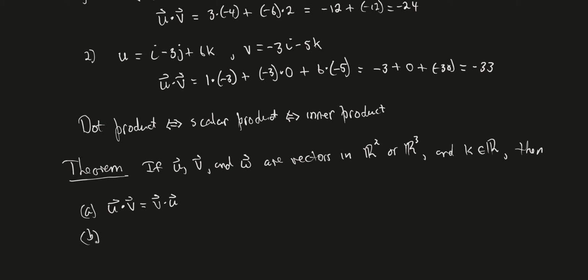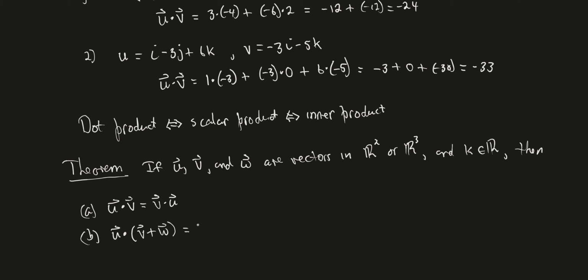There's also a distributive property, which is nice, and this is almost like a vector form of the distributive property that you're used to. This is what it is. If you have u dot the sum of v and w, you can distribute this dot product over this vector addition.